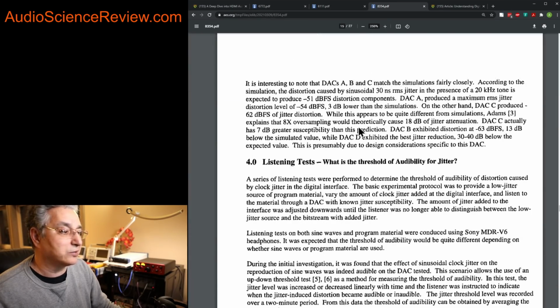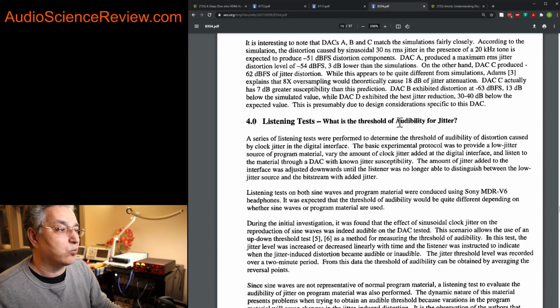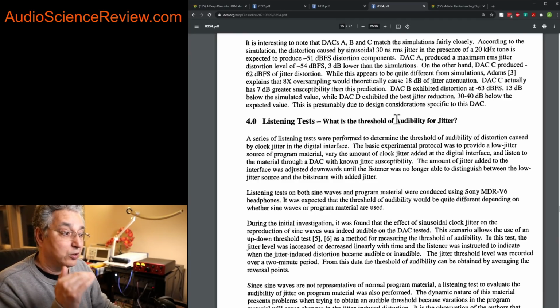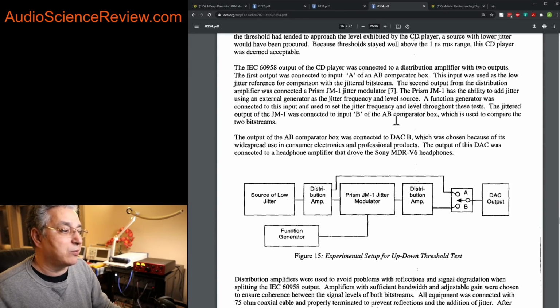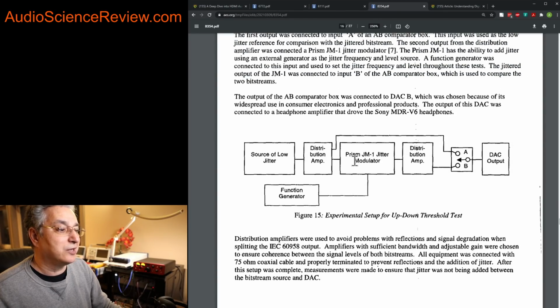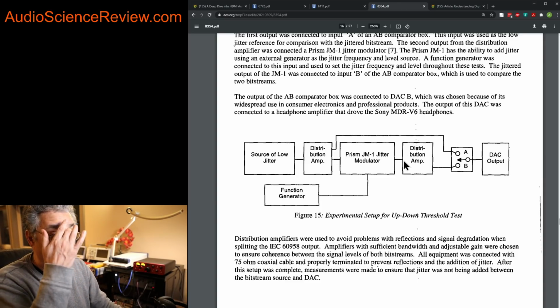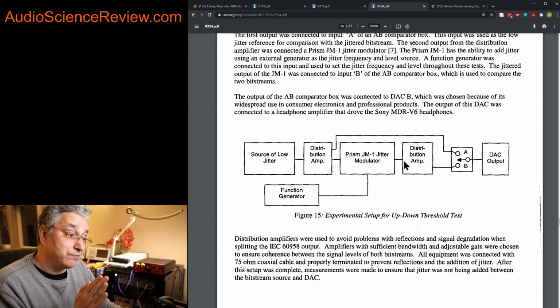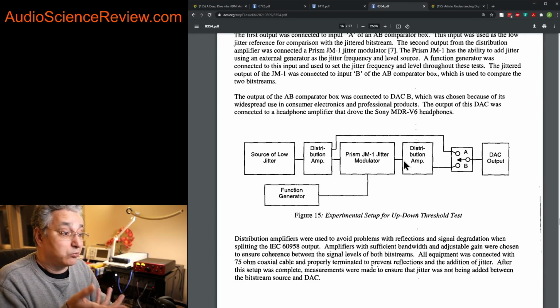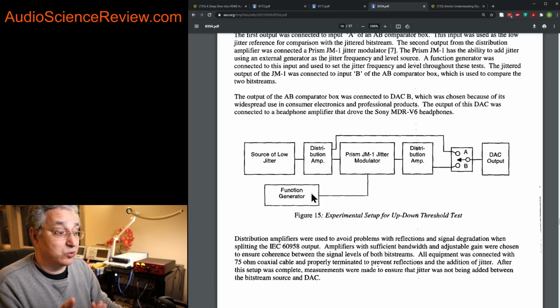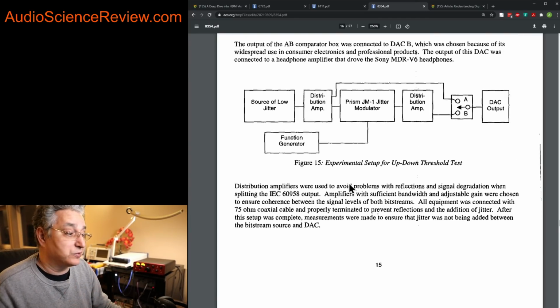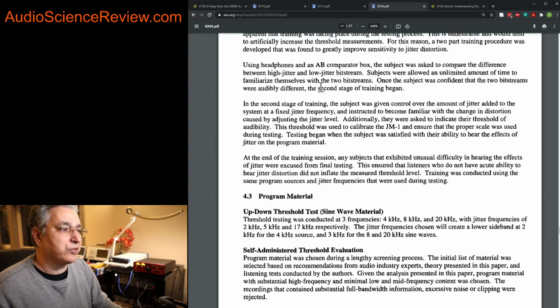Let me scroll down, it's just a few pages down, so you can see the threshold, the lowest amount that we can detect. They came up with an interesting test in that they used a function generator to take a clock and literally change the clock of a DAC, driving it with sine waves or whatever frequency they wanted. They went through a good training session and booted out the people that were just too deaf to hear artifacts.